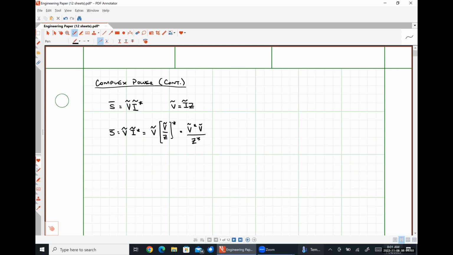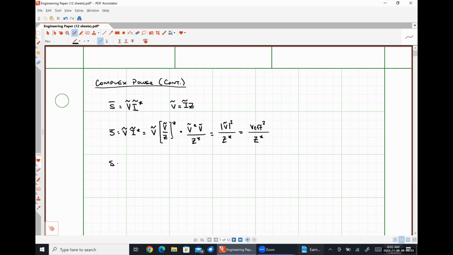Recall from our lecture on complex numbers that whenever I multiply a number by its complex conjugate, I simply get the magnitude of that complex number squared. So this in turn looks simply like the magnitude of our phasor voltage V squared divided by the conjugate of our impedance, or expressed slightly differently, just our effective voltage, no phase angle or anything like that, squared, divided by Z conjugate.